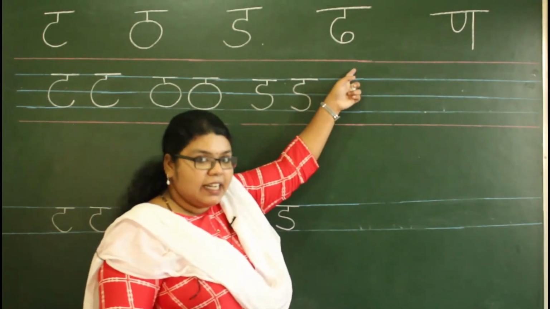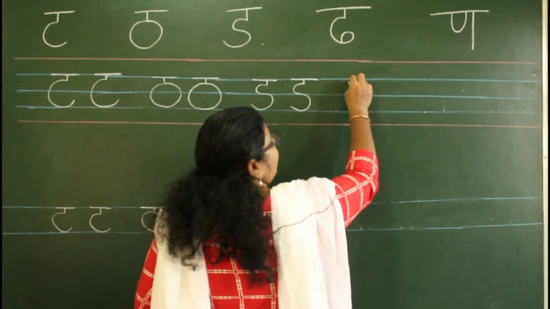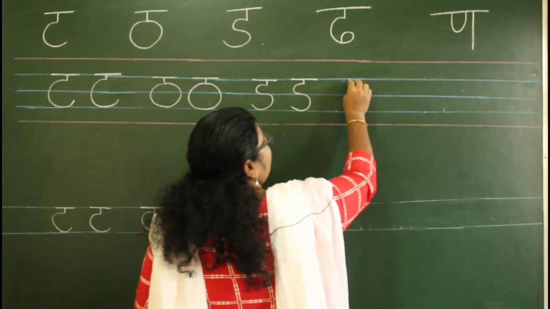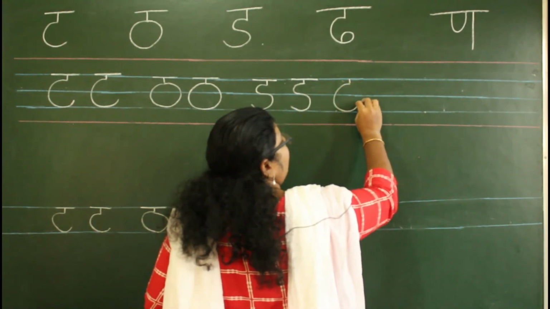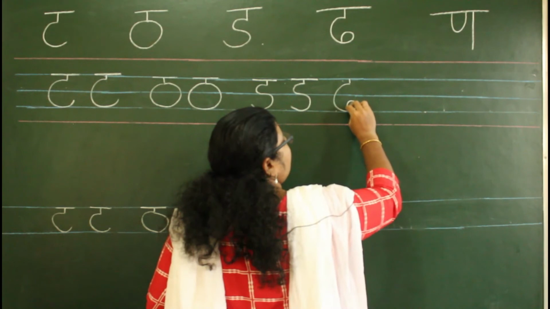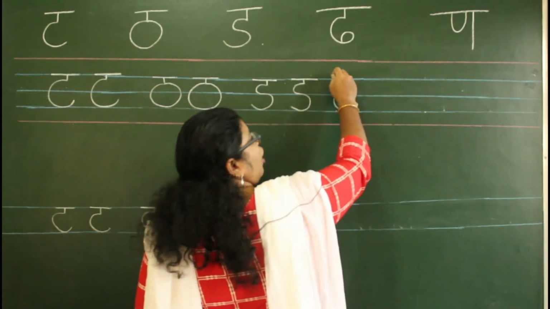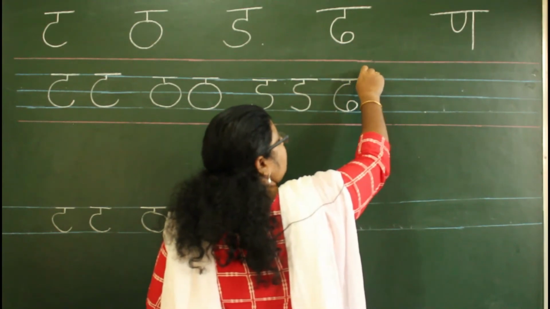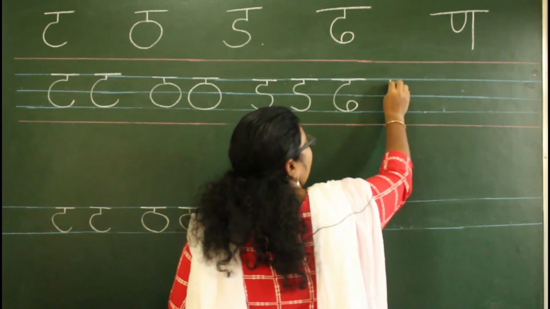Now let's see how to write dha. Da, dha. Okay? A small standing line from the second blue line. Then a curve like this and round it as a circle. Understood? Then on the top, a sleeping line. A small standing line from the second blue line.